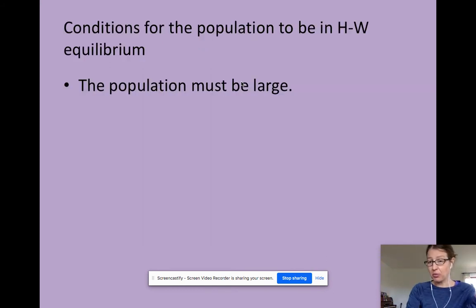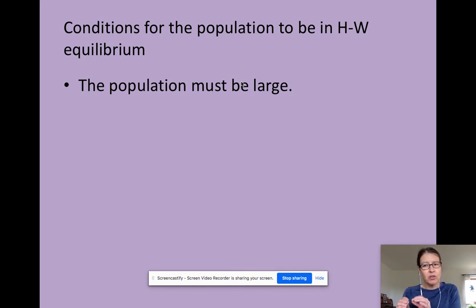you have to have a large population. We're going to look at this a little bit more when we look at genetic drift. But if you remember, your individual cards, when we were doing the allele changes, your individual population might have shown a little bit of a frequency change, like in that first simulation. But when we looked at the total population of all the class, with all of those simulations happening at once, it was much closer to that 50-50 because we started with 25 of the white and 25 of the black cards, right?